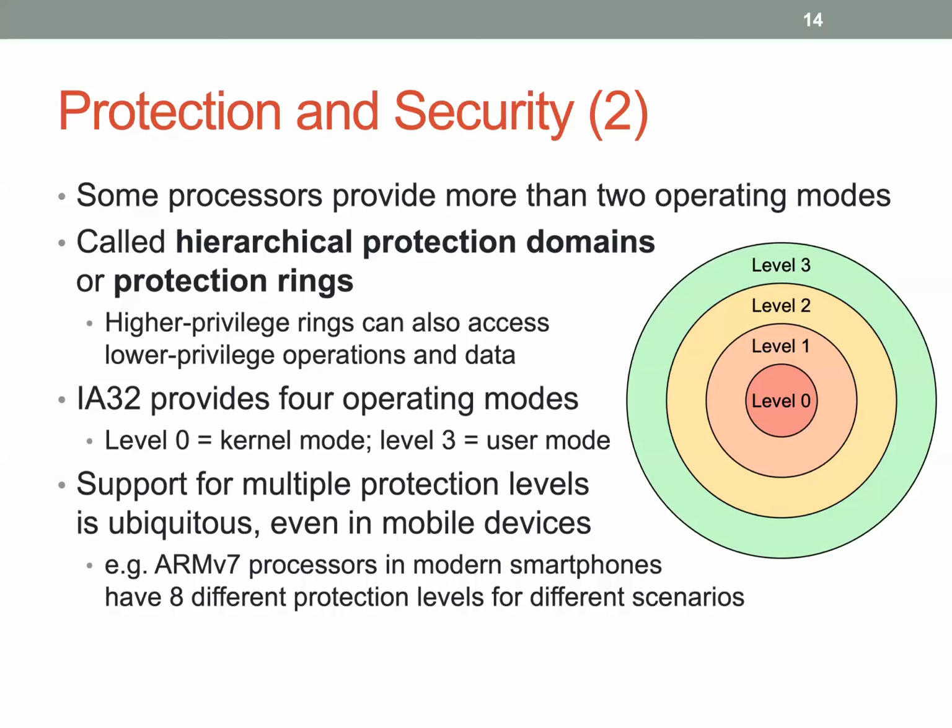If I'm in a management mode where I'm installing an update, there's certain things that are allowed. So typically you'll have different protection modes for these different usage scenarios that allow things to be turned on and turned off. That's basically all there is to it. That's why you see so many different protection levels for something like a mobile device.